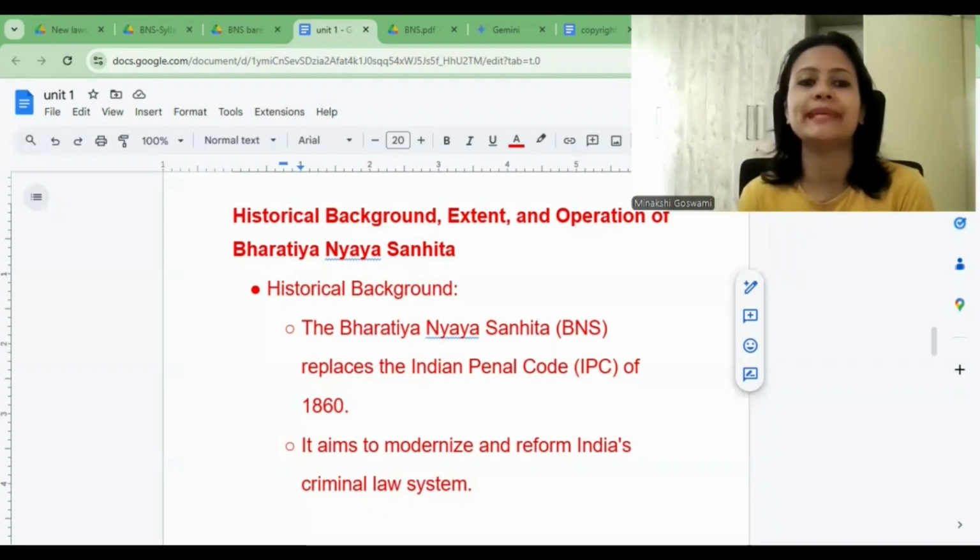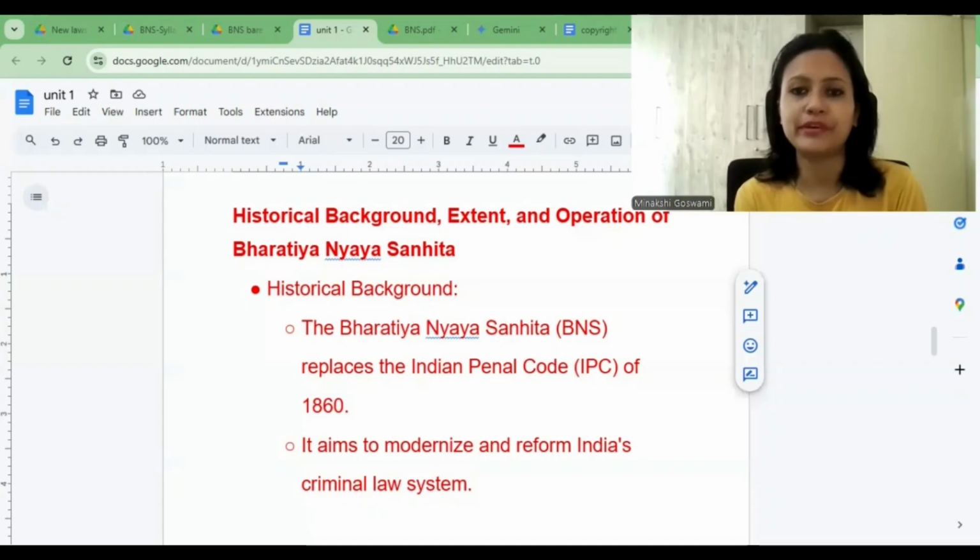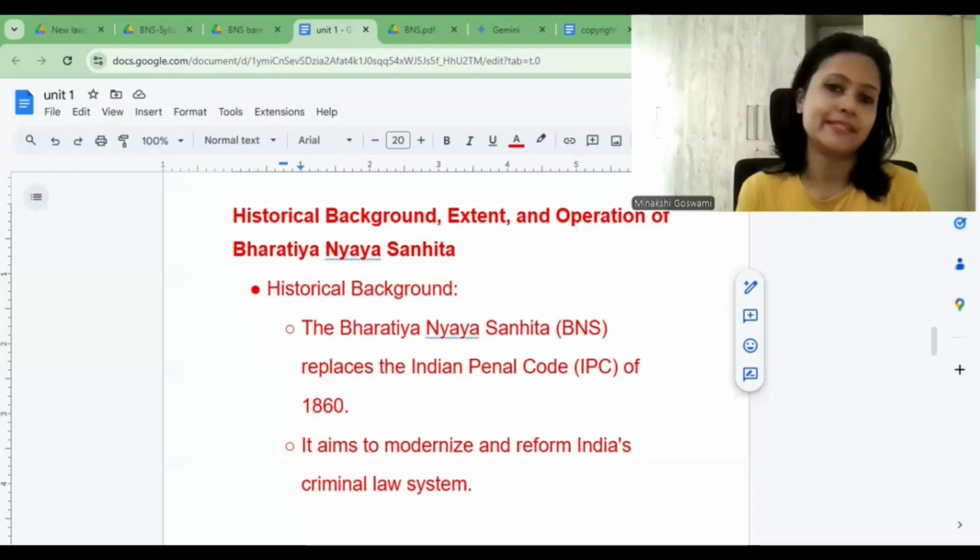So BNS has replaced IPC, which was of 1860, a legal framework that had governed the criminal law of our country for over a century and a half. It was drafted in India during British rule, and that particular legislation was being replaced.